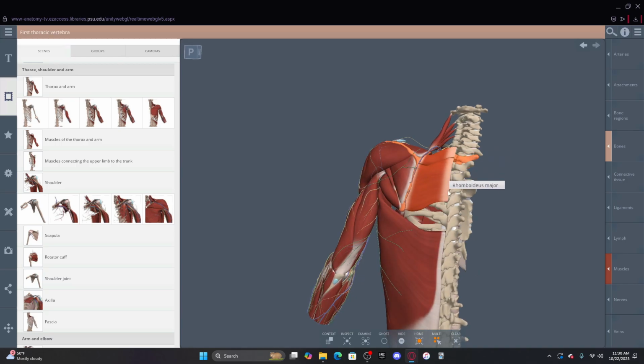We can see the vertebra here. They attach from the vertebra all the way to the medial border of the scapula, and these are going to deal with retracting the scapula. Rhomboid major, rhomboid minor, scapular retraction.